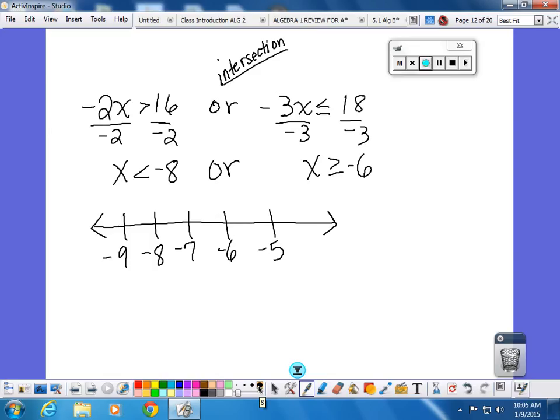Okay, so with or, remember it's just like they get married. It's a union. Just putting whatever together, okay, on the same number line. So less than -8, greater than or equal to -6.